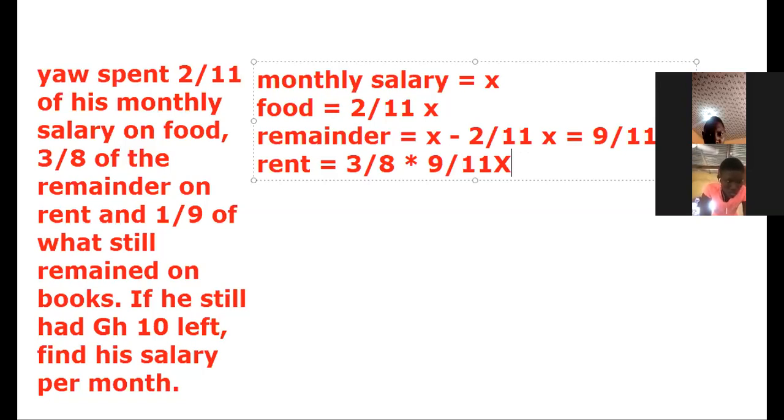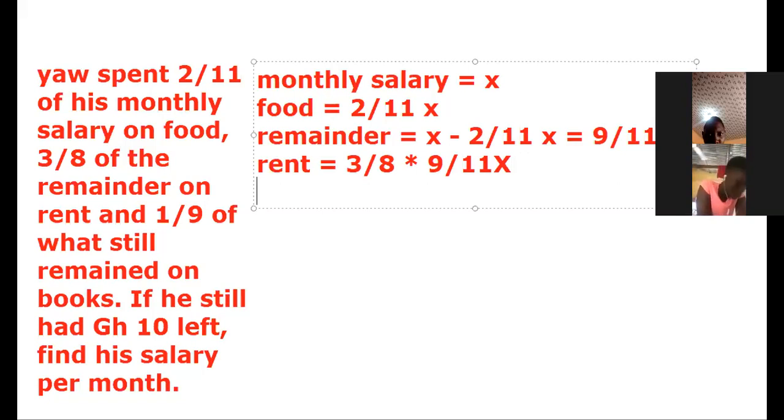The next one says that 1 over 9 of what still remained on books. Therefore, it means that we have to find the remainder of the rent and the previous remainder.